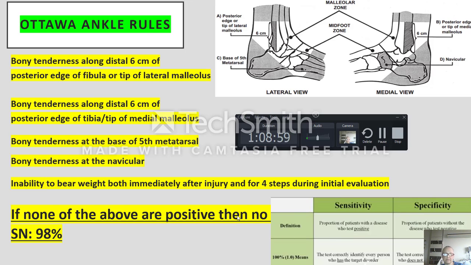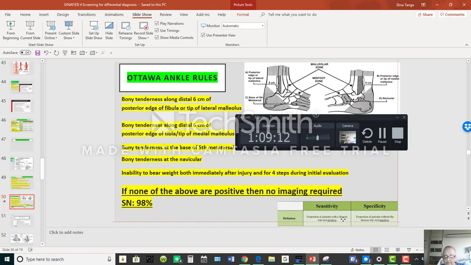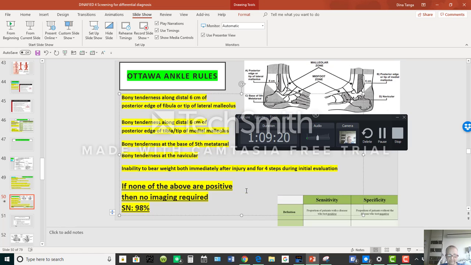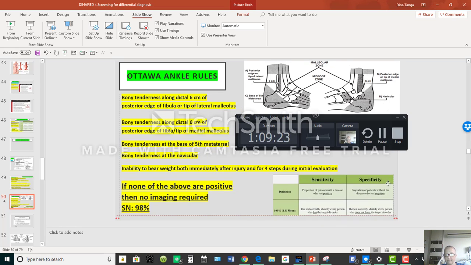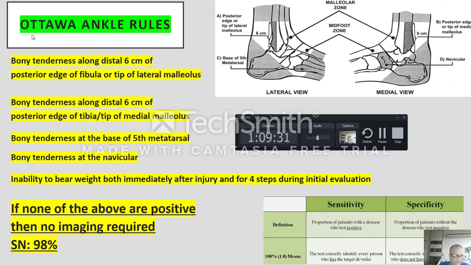Let me get on there, see if I can fix that real quick. See what that says. Ooh, okay. Then no imaging is required. Let me fix that real quick. There we go. Move that back up there. Go back to slideshow. Okay. So if none of the above are positive, then no imaging is required.